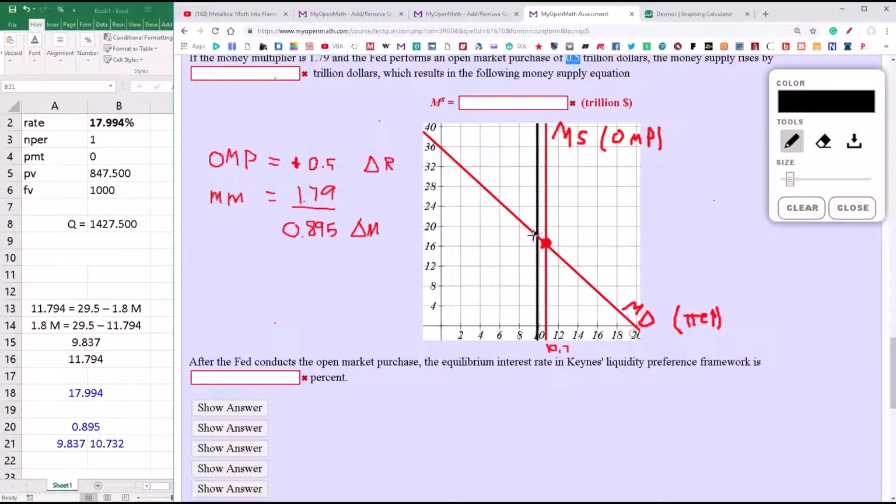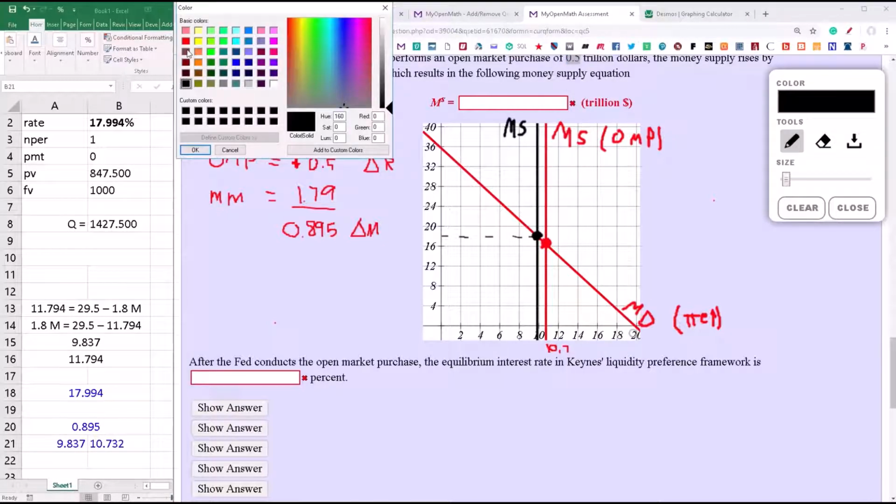Let's change this back to black. Okay, so the initial equilibrium after the increase in expected inflation, this is the original money supply. So the interest rate was higher. So the open market purchase decreases the interest rate.